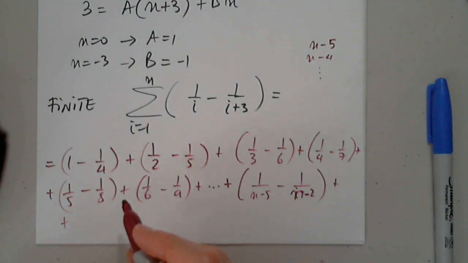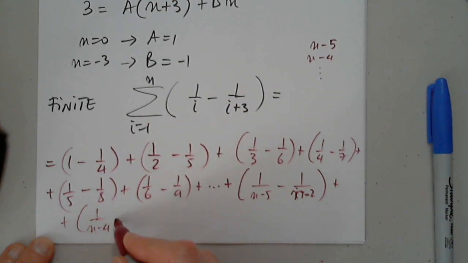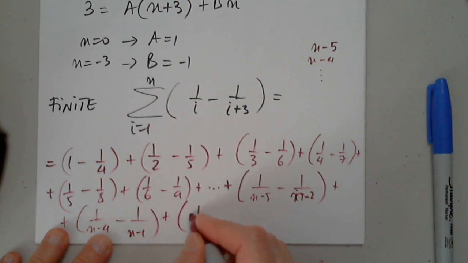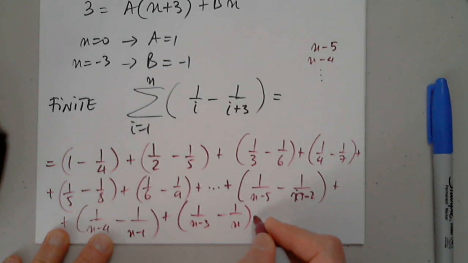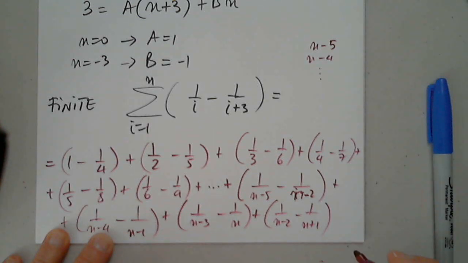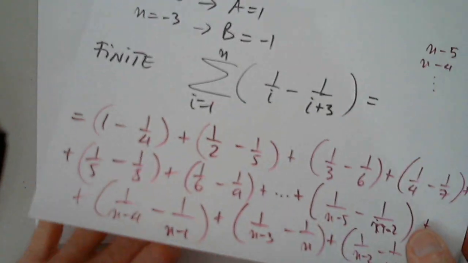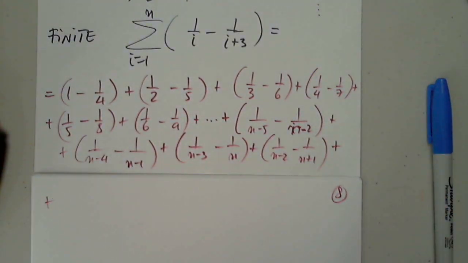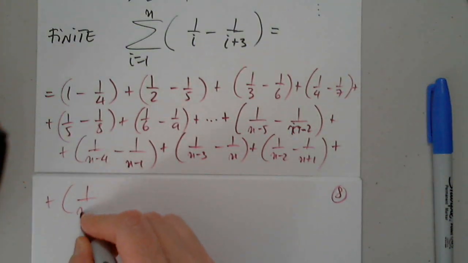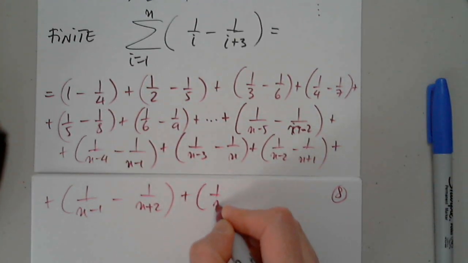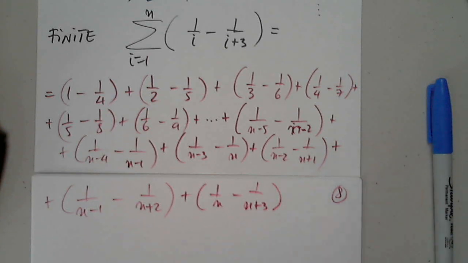Now with n minus 4, 1 over n minus 4 minus 1 over n minus 1, plus 1 over n minus 3 minus 1 over n, plus 1 over n minus 2 minus 1 over n plus 1, plus. Moving on to the next page, and this is page 8, plus 1 over n minus 1 minus 1 over n plus 2, plus 1 over n minus 1 over n plus 3. Okay, and we stop there.